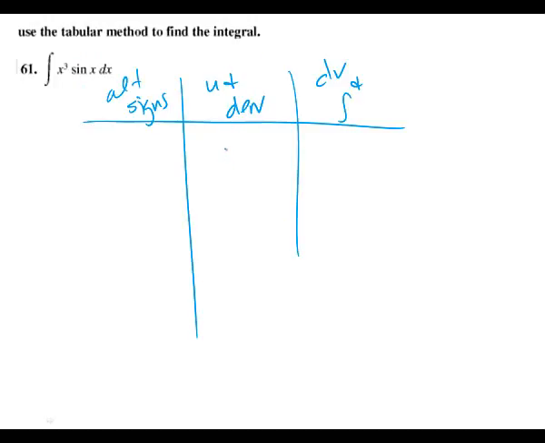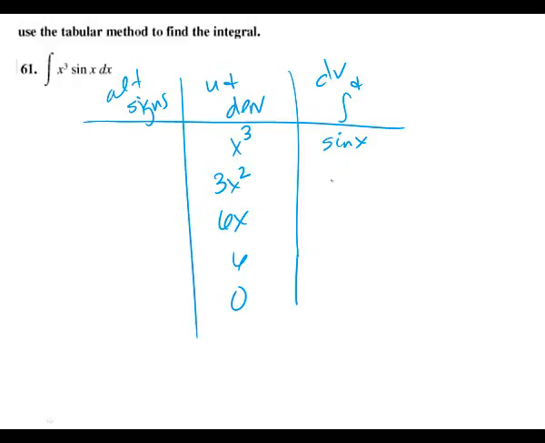So what are you going to use for u on this one? x cubed. Good. What's the derivative of x cubed? Good. And its derivative? And its derivative? Good. What's dv?